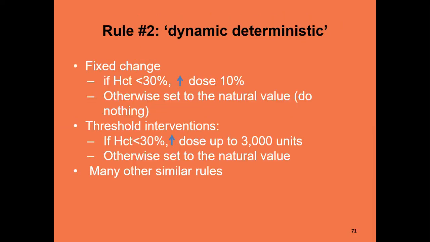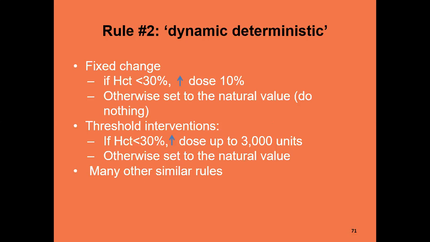The next set of treatment strategies can be called dynamic deterministic, meaning that we define them based on, for example, a fixed change. If hematocrit is less than 30%, we increase the dose by 10%.